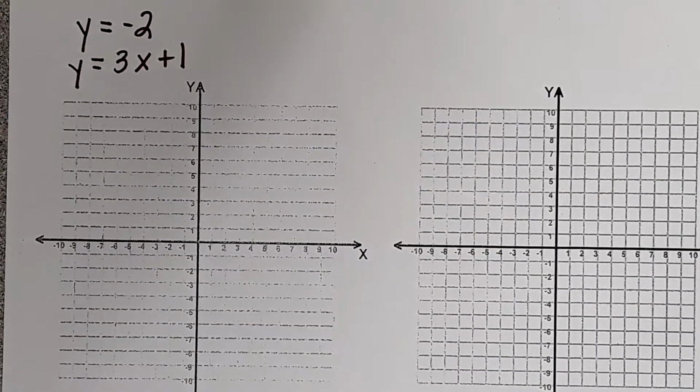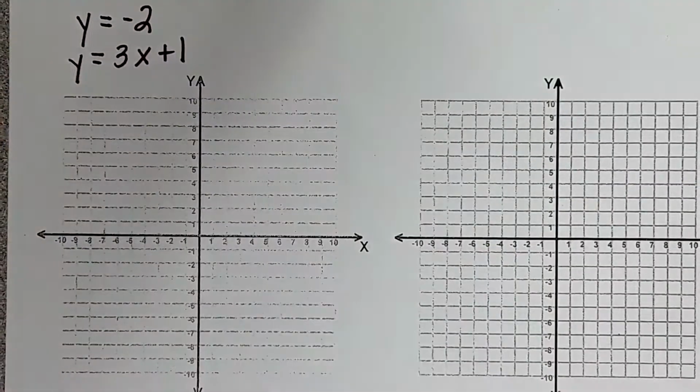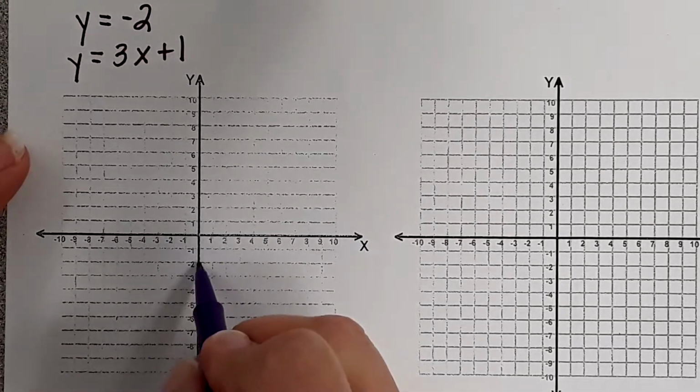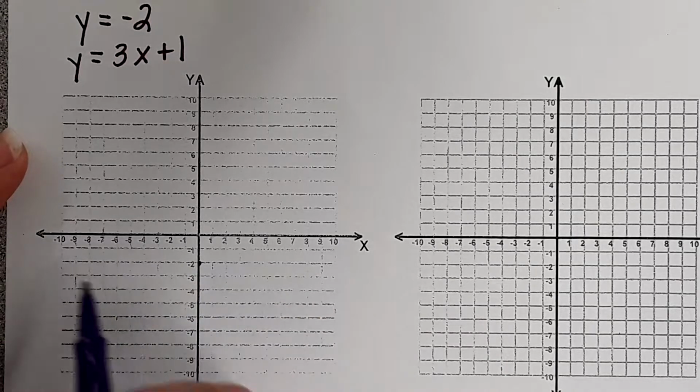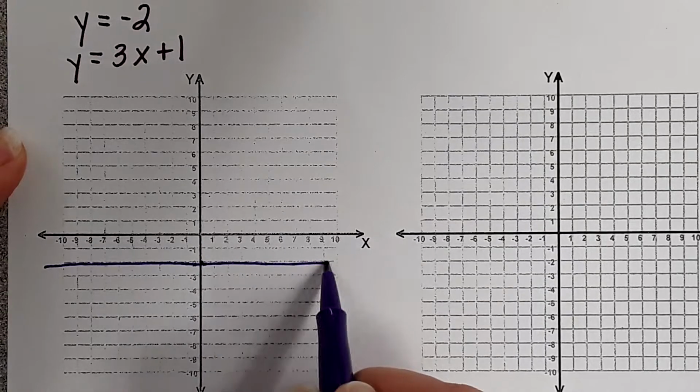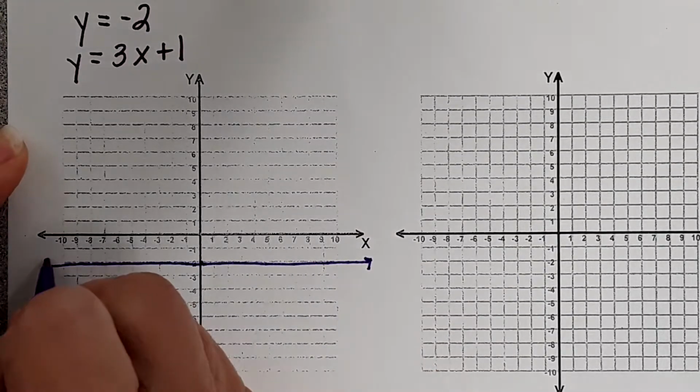The nice thing is the first thing that we're going to graph is already in slope-intercept form. This is why we've been practicing the do nows where we've been solving for y, because I knew that was going to come up. When it's just y equals -2, that means everything in y is going to be -2, and you're going to draw a line that goes through the y-axis at -2.